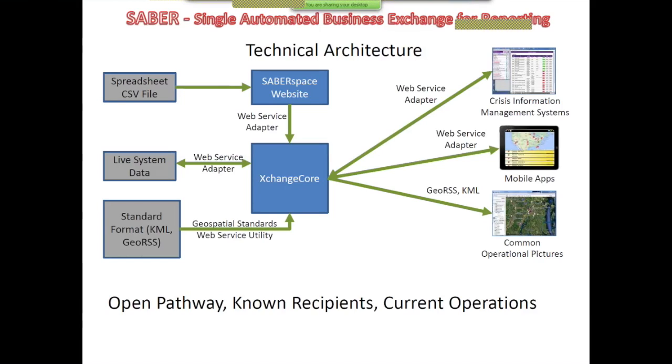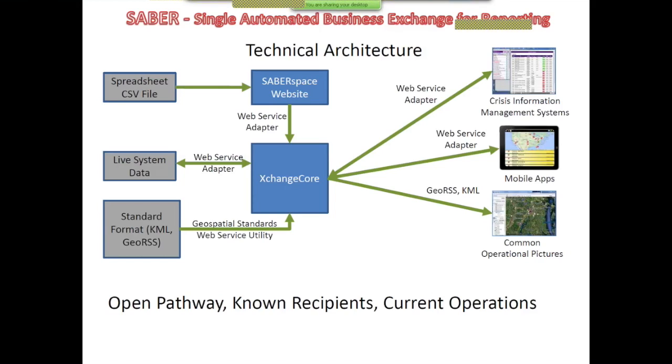And then actually Walmart's on the third one, the standard format, bringing in those geospatial standards through a web service utility that comes into XchangeCore. All those things are done once, set up, and after that it's either done continuously like the bottom two or periodically like the spreadsheet upload.